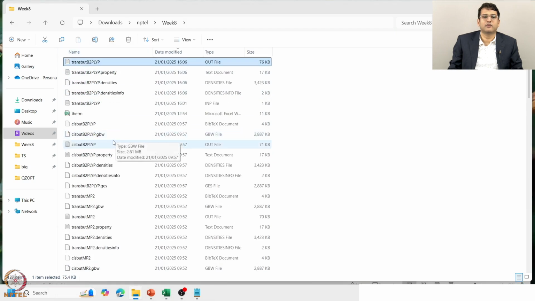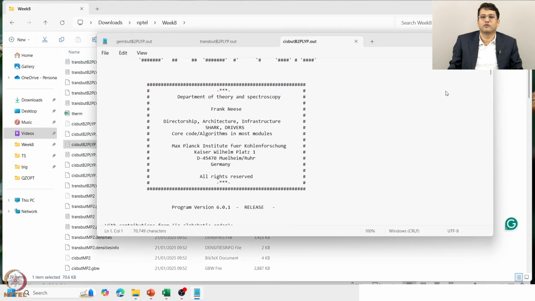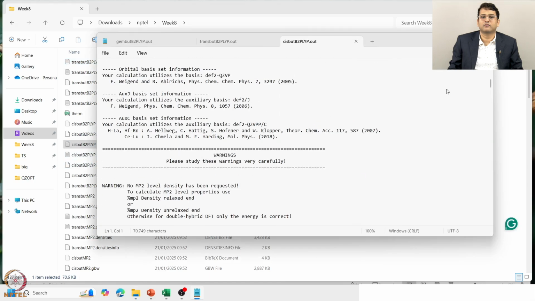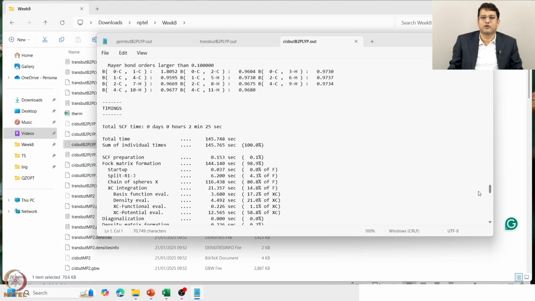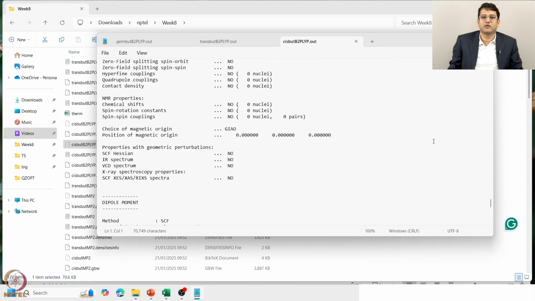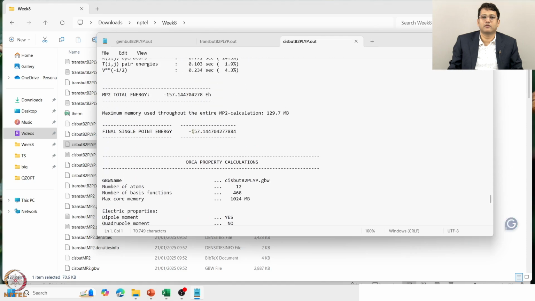Let's now check the sys1. It's called sys B2PLYP. So, at least the output file looks fine to me. And this is the final single point energy.